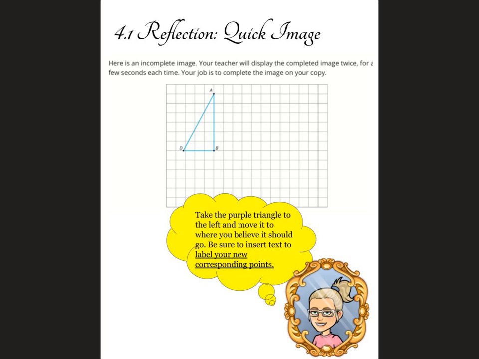Here is an incomplete image. Your teacher will display the completed image twice for a few seconds each time. Your job is to complete the image on your copy. I'm going to really quickly draw in the image and what it should look like. So here it is.